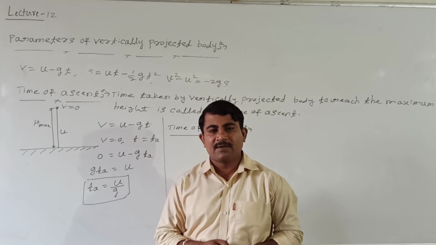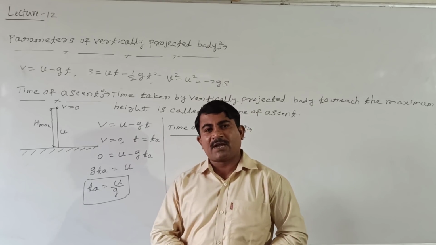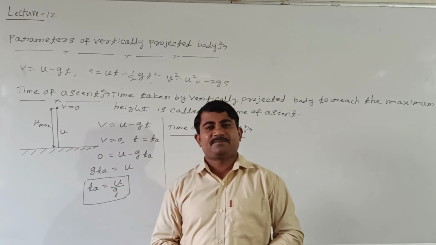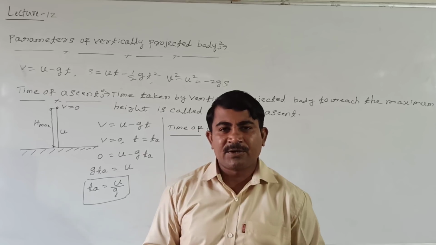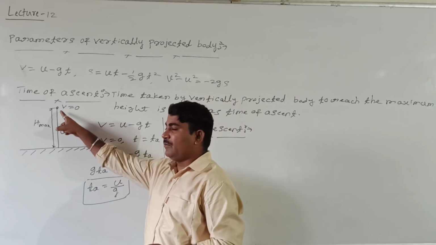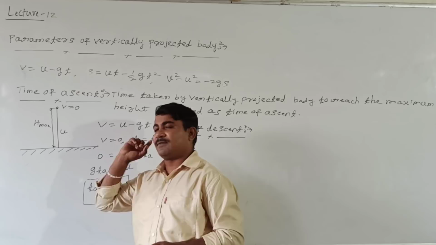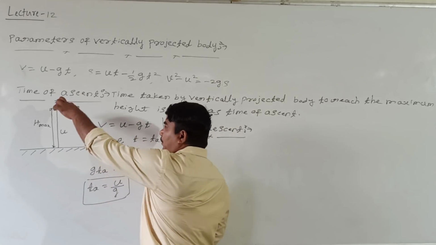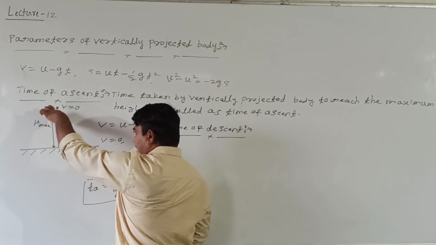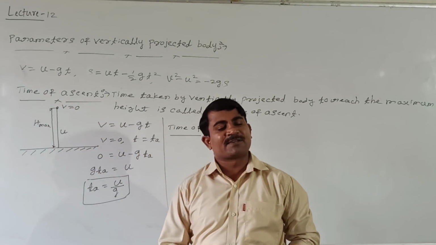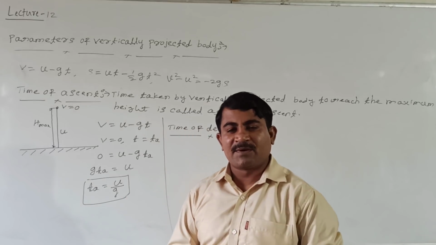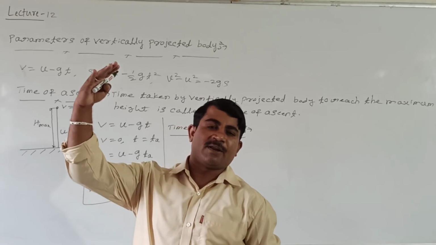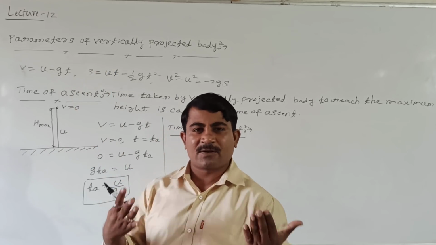In similar manner, the time taken by a vertically projected body to move from maximum height to ground level, that we are calling time of descent. Simply, from the upper position to reach the ground, how much time is taken? In what way can we define time of descent? Time taken by the vertically projected body from the point of maximum height to ground level, that we are calling time of descent.